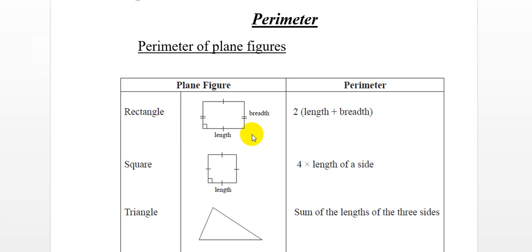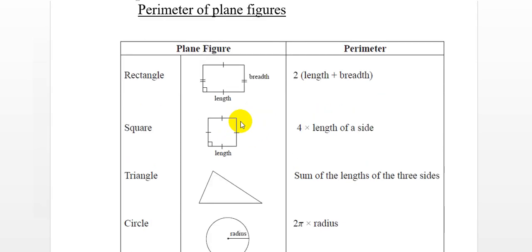Similarly, in a square, you can either take the summation of all four sides, or take the length of one side and multiply by 4, since all four sides are equal in a square. Similarly, if you take a triangle, you can take the sum of all three sides, and you will end up with the perimeter of that given triangle.